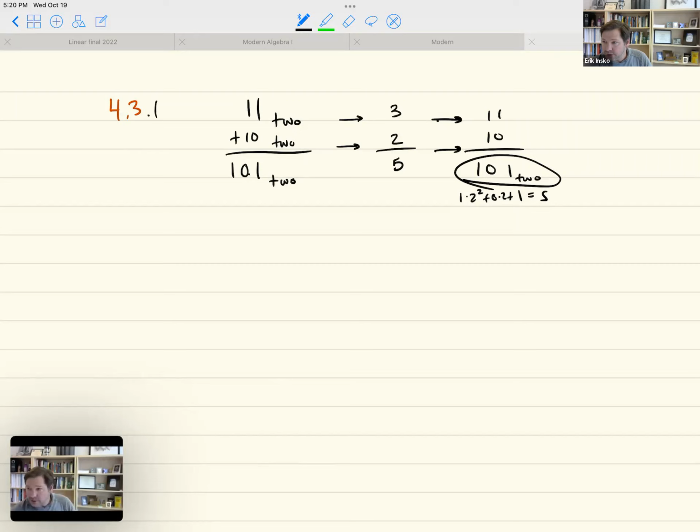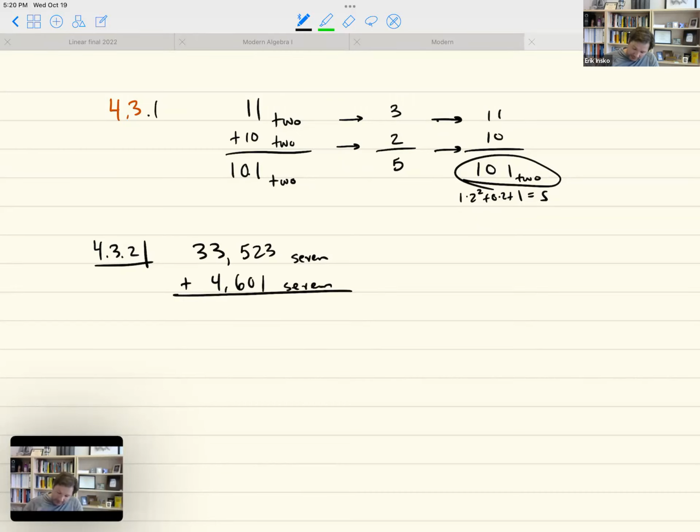And question 2 asked me to add the following. So 4.32 is 33,523 base 7 plus 4,601 base 7.